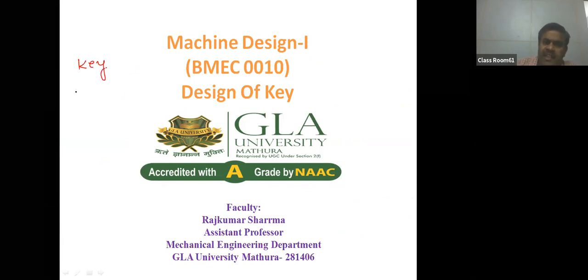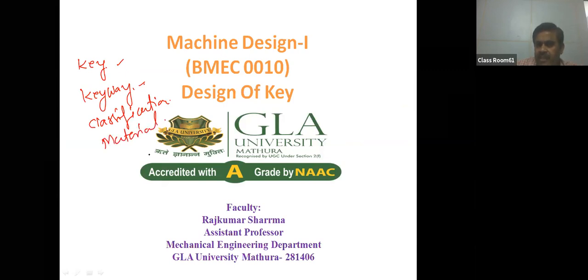What is key and what is keyway? We will discuss how many types of keys are used in industrial practice, the classification of the key. We will also talk about the material of the key. What are the suitable materials for the key? What are the forces coming on the key surface?